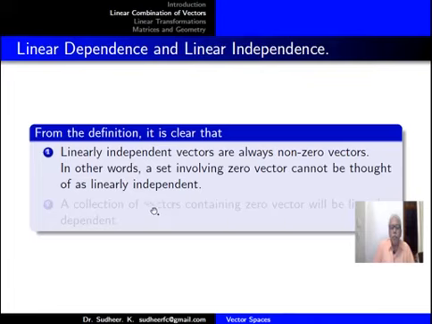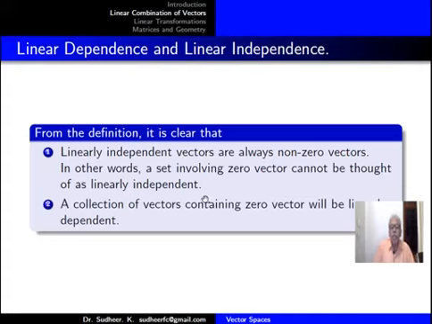Now, from the definition of linear dependence and independence, it is clear that linearly independent vectors are always non-zero vectors. In other words, a set involving the zero vector cannot be thought of as linearly independent. A collection of vectors containing the zero vector will be linearly dependent.